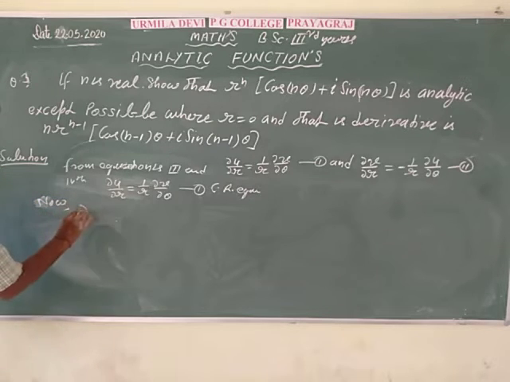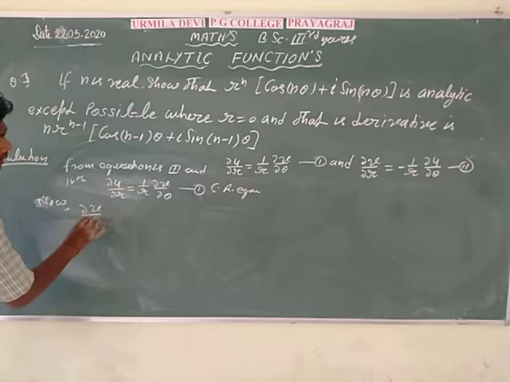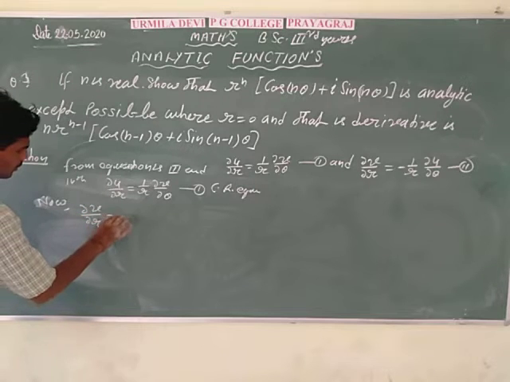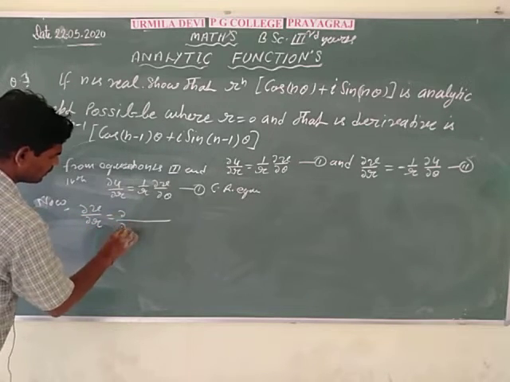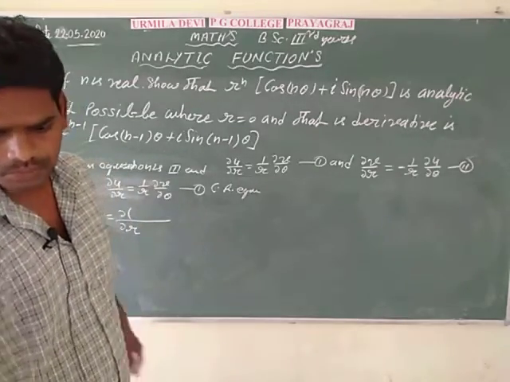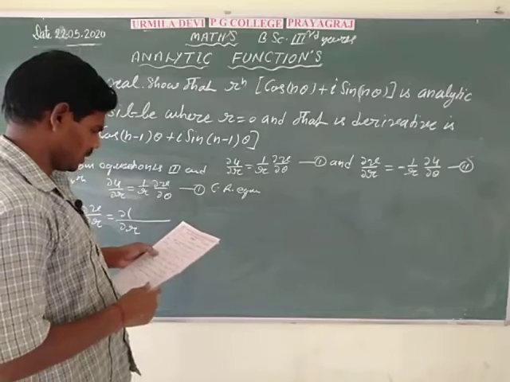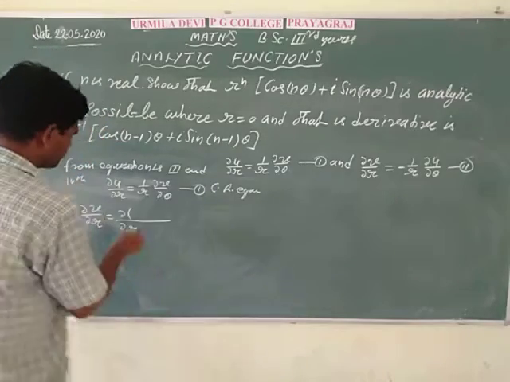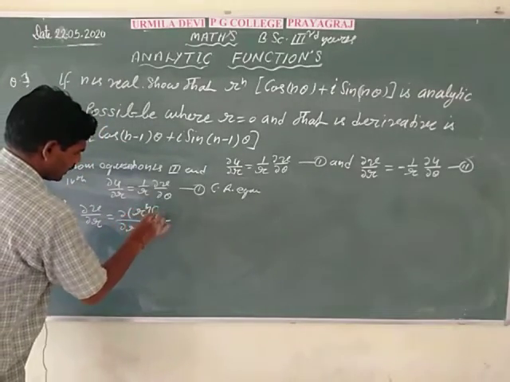Now del v by del r is equal to del by del r of the value of v, which is r to the power n sin n theta.